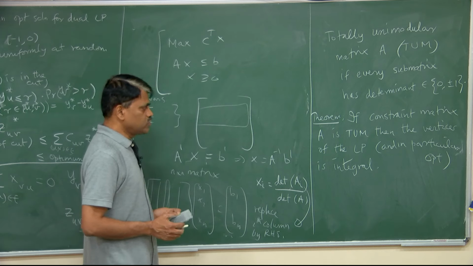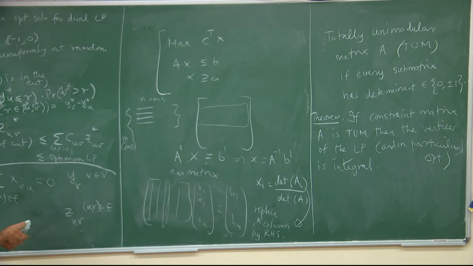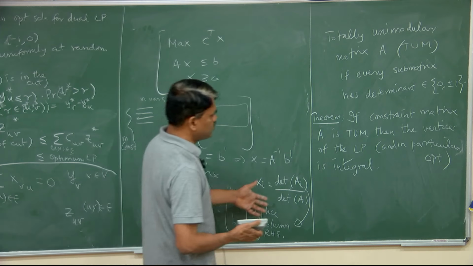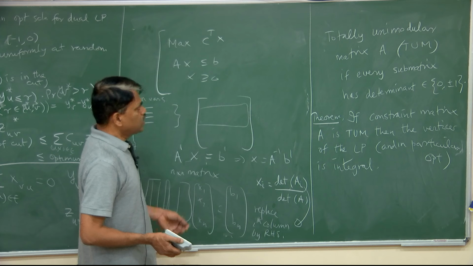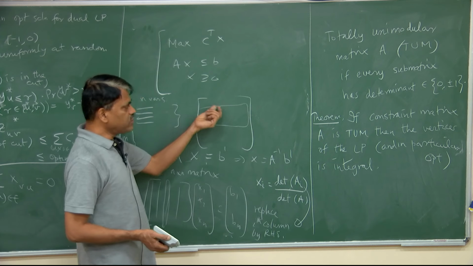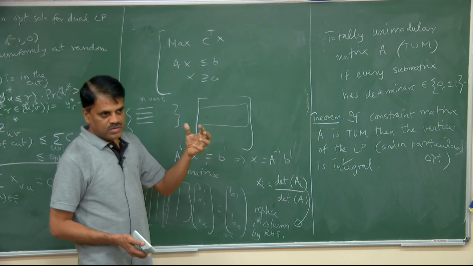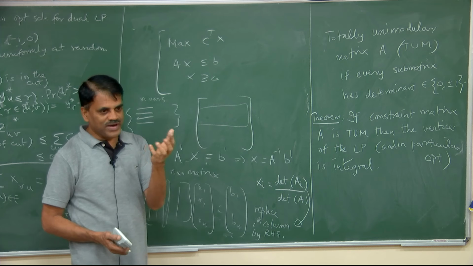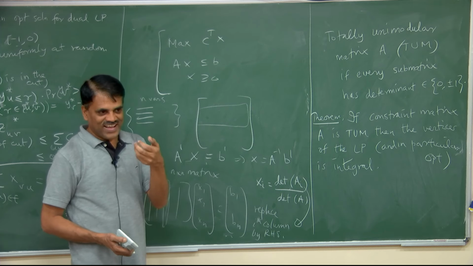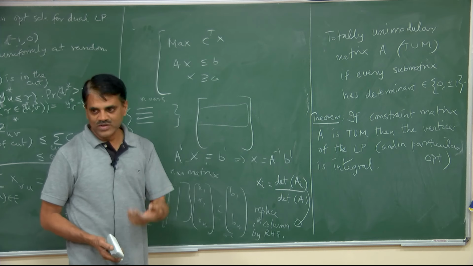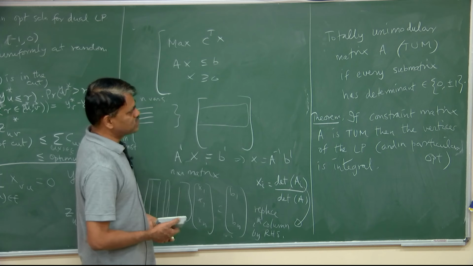So the proof of this is clear. That's how we motivated this definition of totally unimodular matrices. Note also that every entry of the matrix is 0, plus 1 or minus 1, because that itself is a submatrix, and its determinant is its value, so it has to be 0, plus 1 or minus 1.